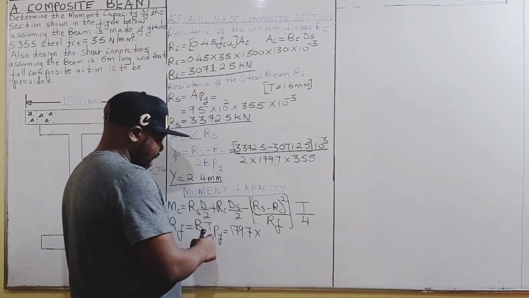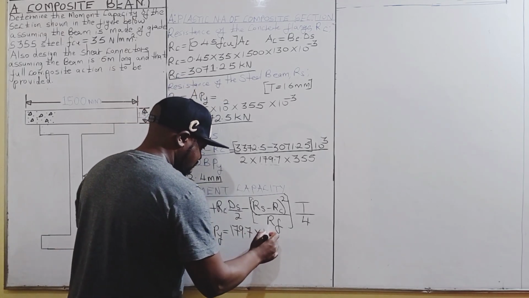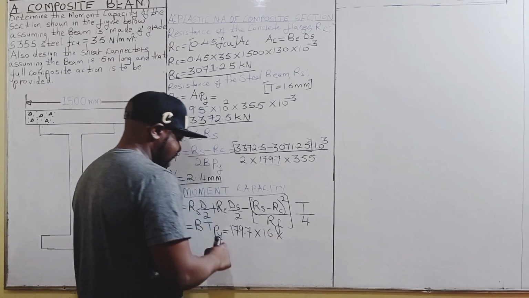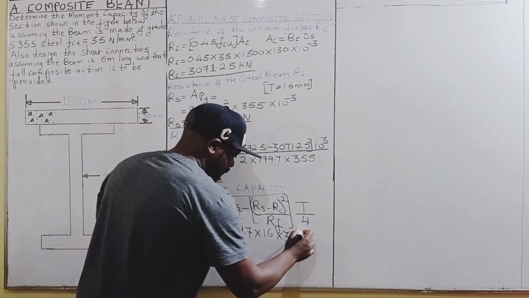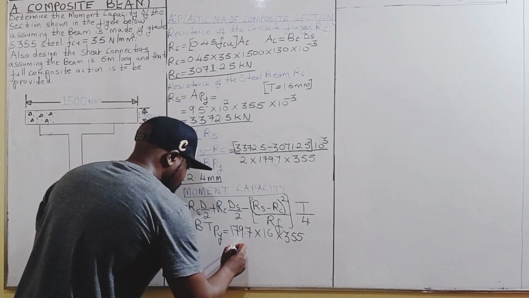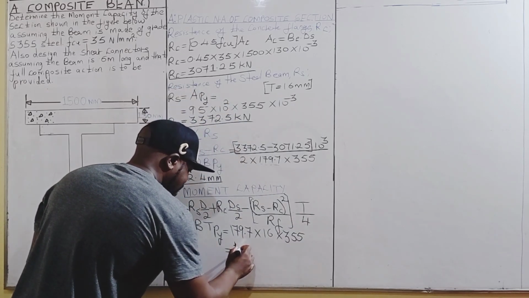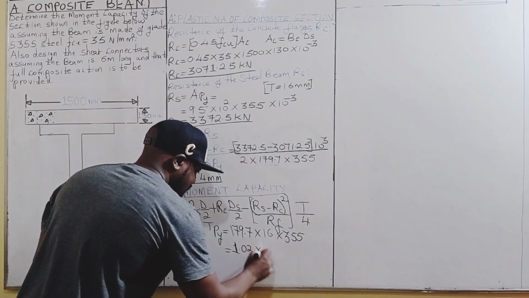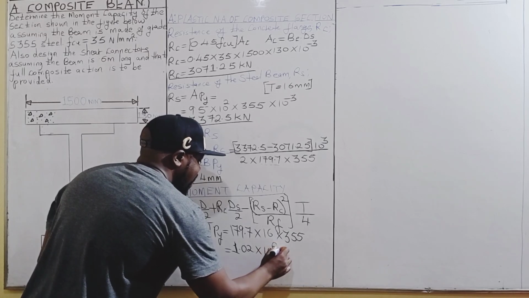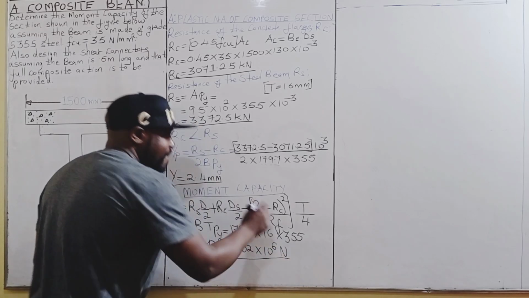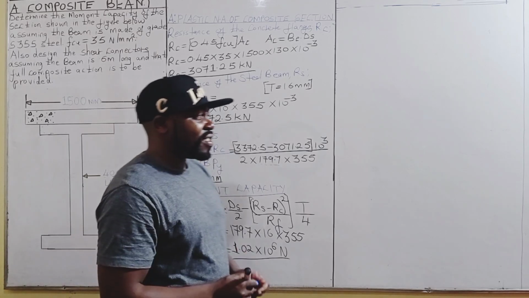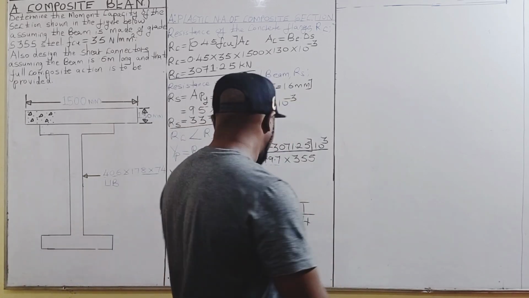So we multiply by the thickness of the flange, that is 16, times the design strength of steel, that is 355. We are going to get 1.02 times 10 raised to the power of 6 newtons. Therefore, that is RF, the resistance of the steel flange.